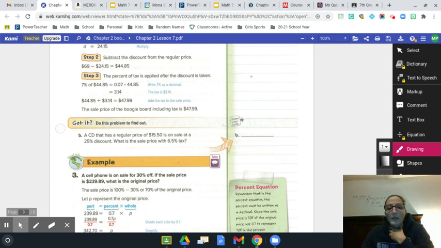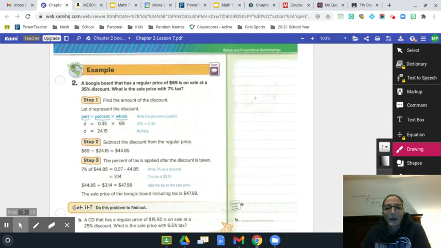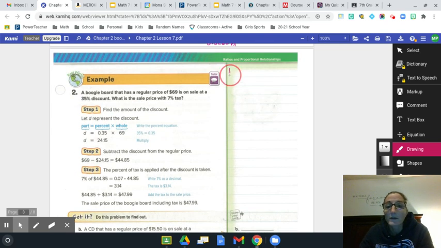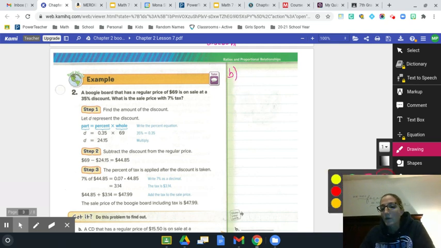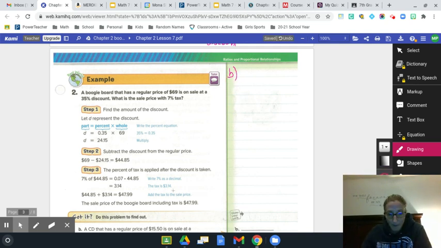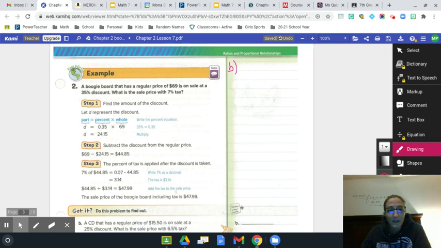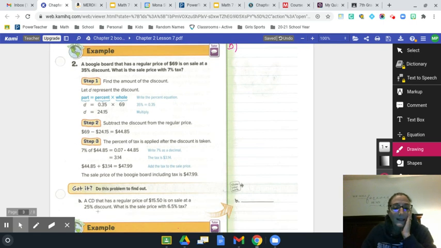So we're going to use the lined paper side on the right of your notes or your math book here. And we're going to work out this 4-step problem right here. So the first thing that I would look at doing is let's find, first off, that discount.